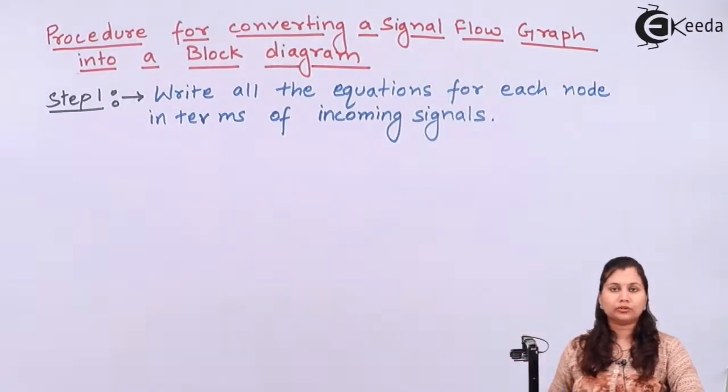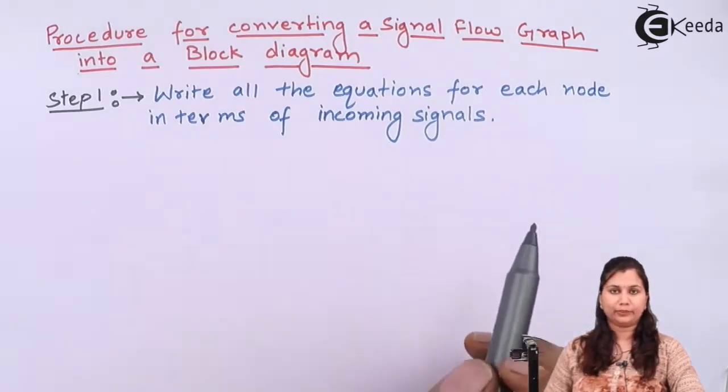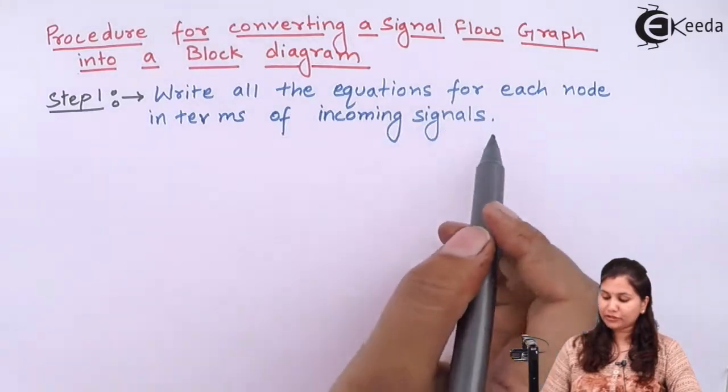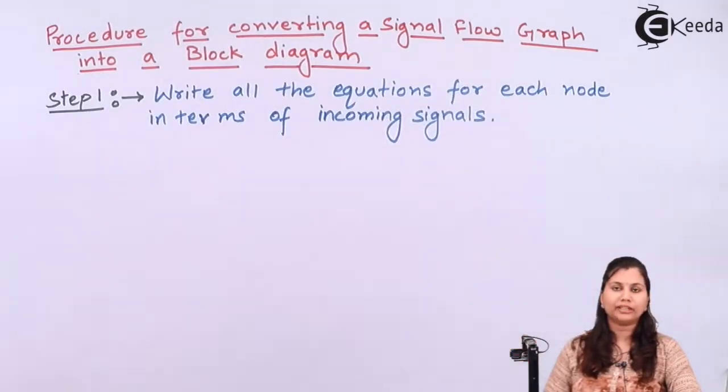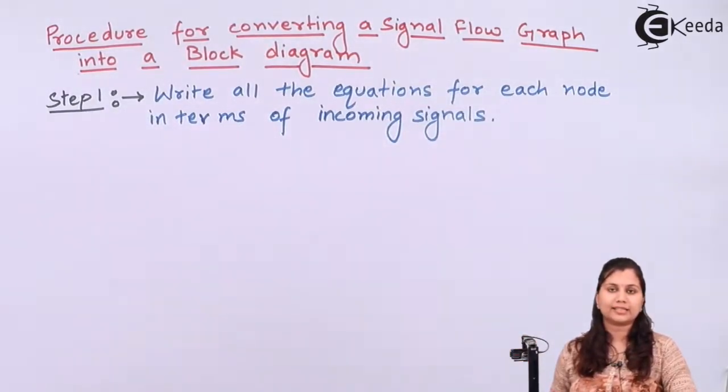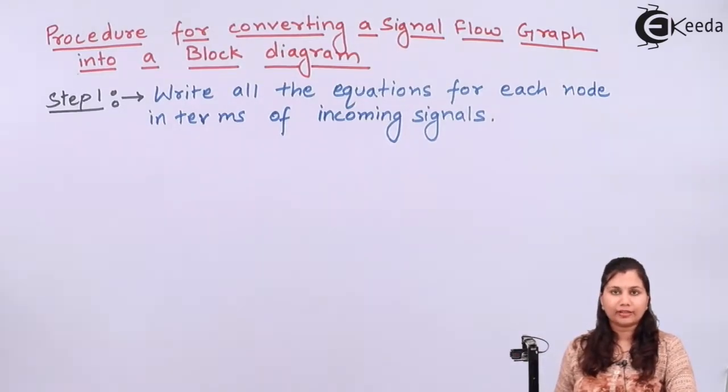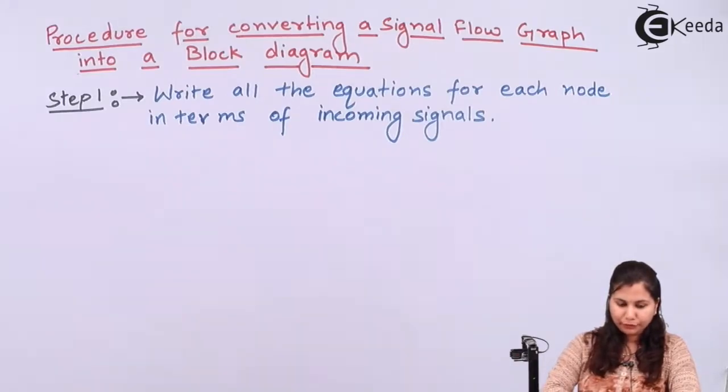So for all the nodes present in the signal flow graph, we have to write the equations, and the equations should be in terms of the incoming signals, that is the signals coming towards the node. So this is our first step. Now step number 2.